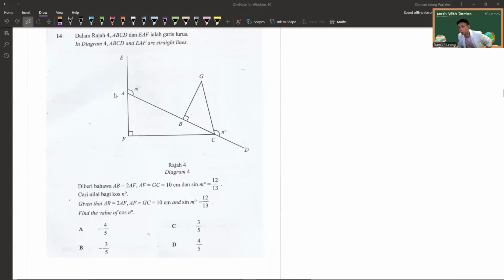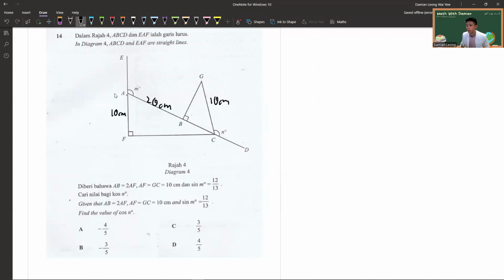I'm given AB equals 2AF, and AF equals GC equals 10 cm. So I know here is 10 cm, GC is 10 cm. AB is 2AF, which means it's 20 cm.